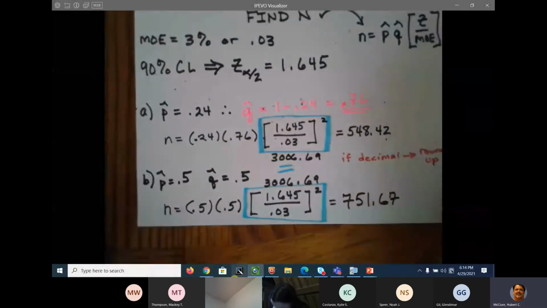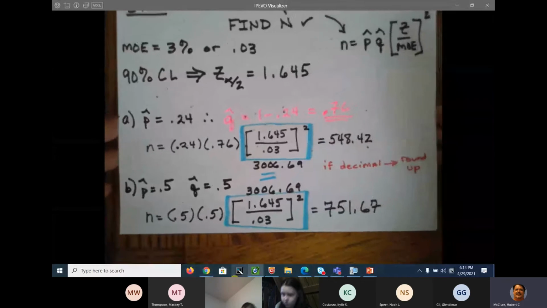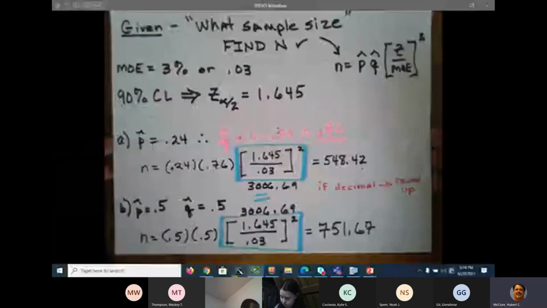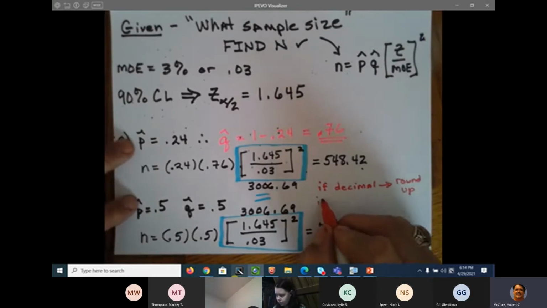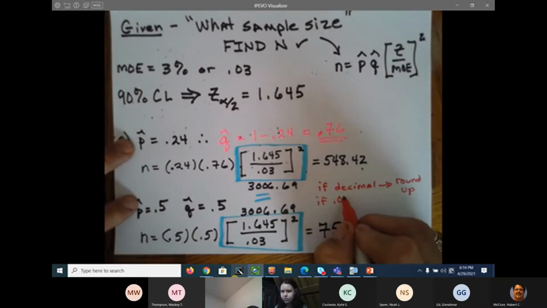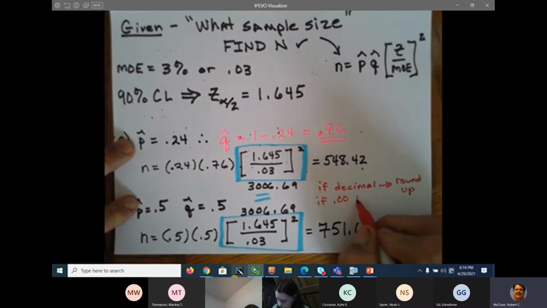Write that down. If you come out with a decimal, you will always round up. I don't care what the decimal is. I don't care if it's 0.01. I don't care if it's 0.5. You will always round up. If you come out with 00, then you just leave it alone.